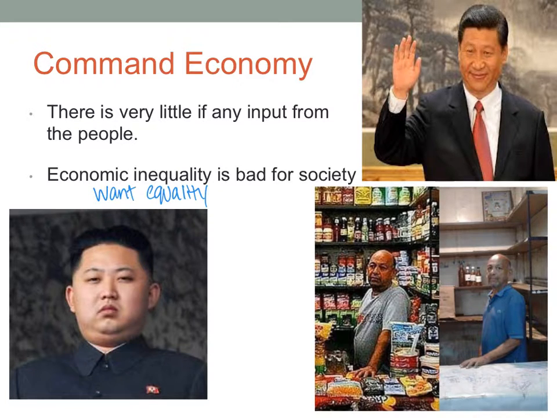This is an example. So in the bottom right-hand corner, I found this picture a while ago. My fiance sent it to me. This is in Venezuela. They are transitioning from a freer economic system, from what they've experienced in the past, to more of a communist command economy.